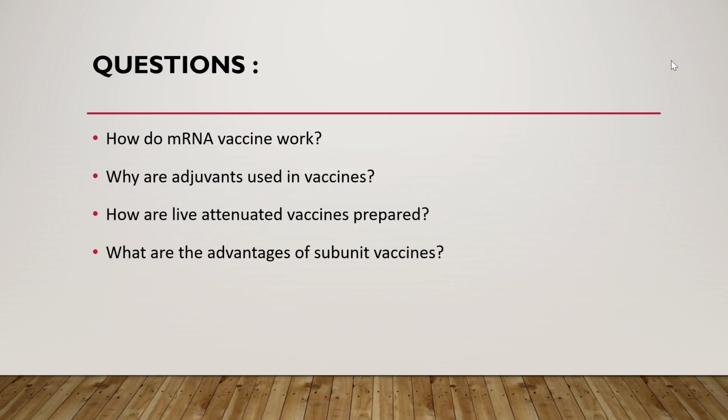So mainly in this video we are going to focus on how do messenger RNA vaccines work, why are adjuvants used in vaccines, how are live attenuated vaccines prepared, and lastly, what are the advantages of subunit vaccines? Let's get started.